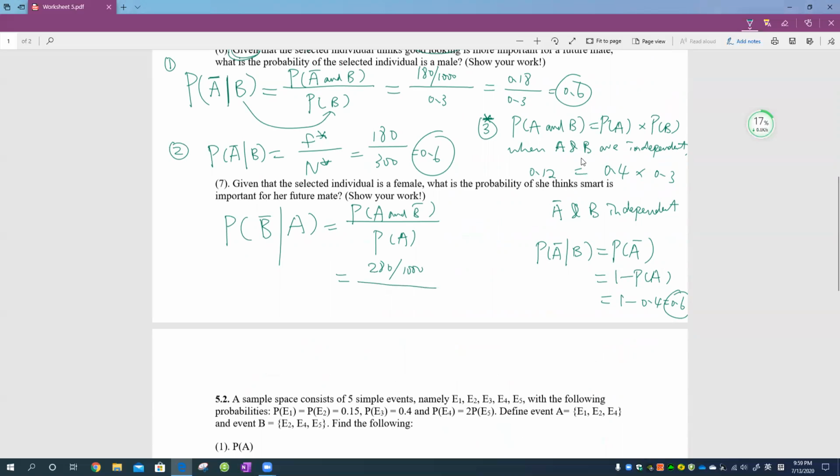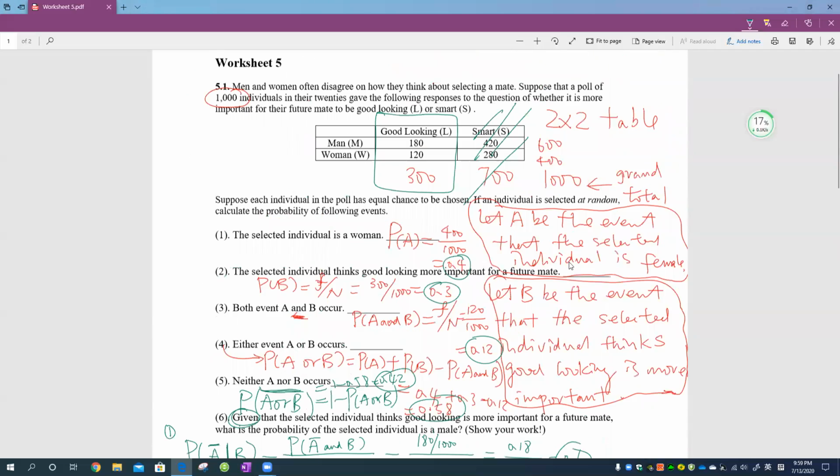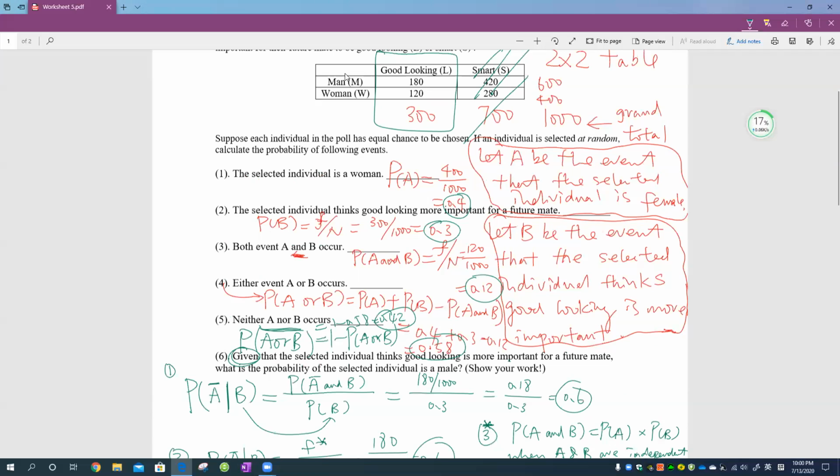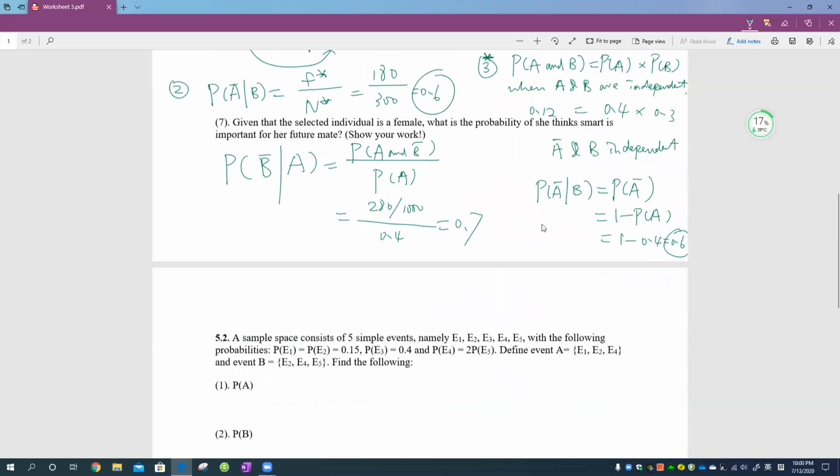Don't forget, divided by the probability of A, which is 0.4. So we got 0.7. Or you just look at the condition, which is female, and then you have a total of 400, and smart is 280. So it equals 280 divided by 400. Same thing, you got 0.7.